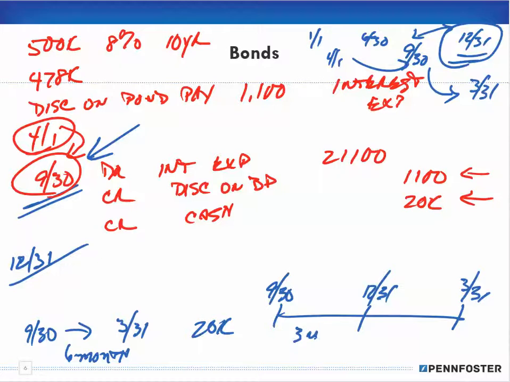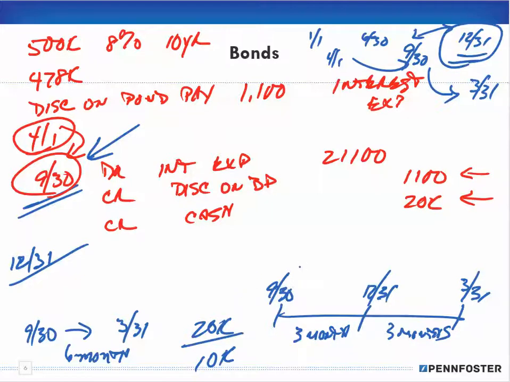Well, this here is 3 months, and this is 3 months. So for this example, it's relatively easy because this is half, right? So we can take half of the $20,000, which means our entry for our interest is going to be $10,000.